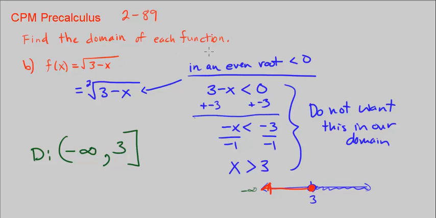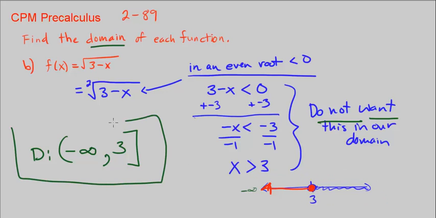So again, remember when we're finding the domain and we have an even root, we do not want inside an even root to be less than 0. We do not want this. So we want to exclude this part from our domain, meaning it's everything else, right? So this is the domain of this function f of x in part B.